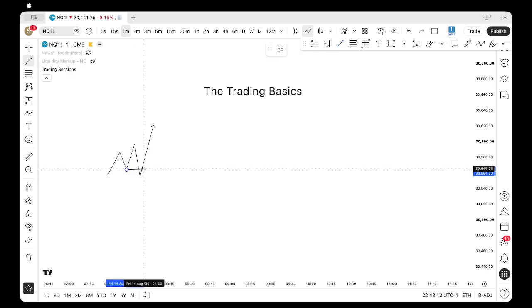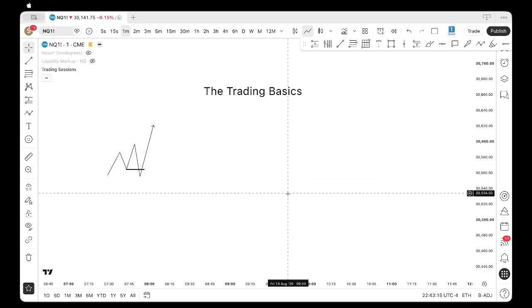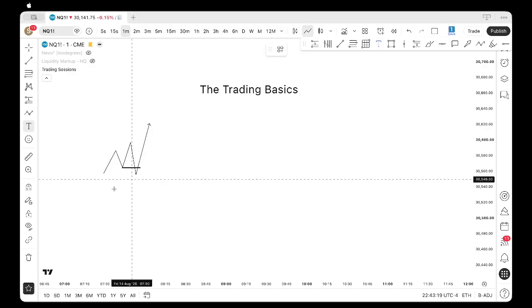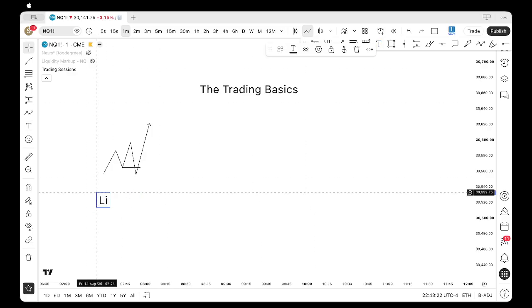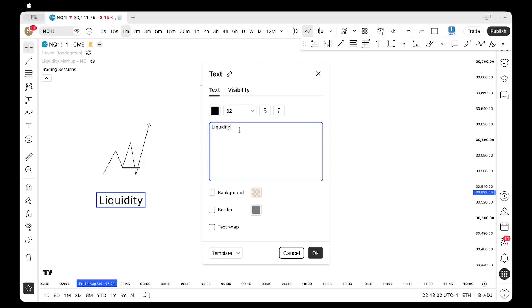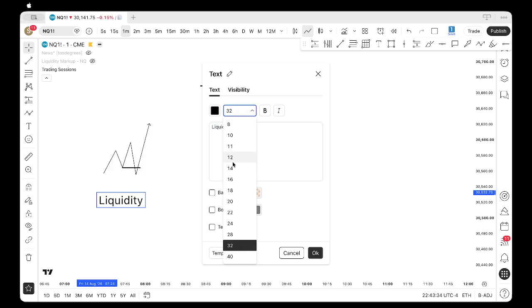So there's that. Liquidity here. Liquidity. I might have forgotten how to spell. I think this is right.